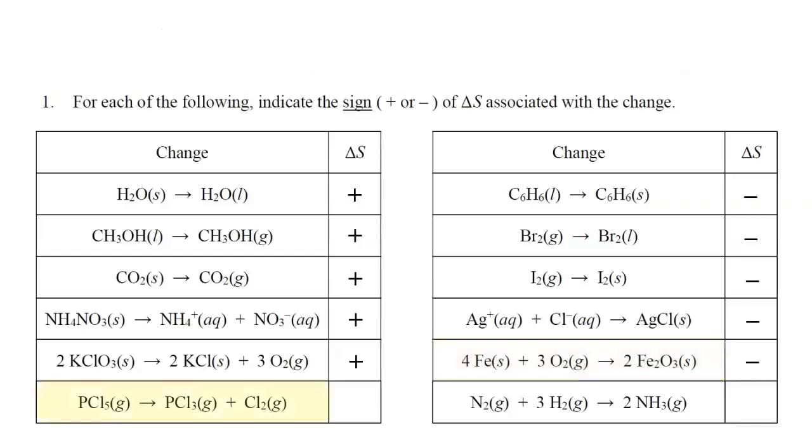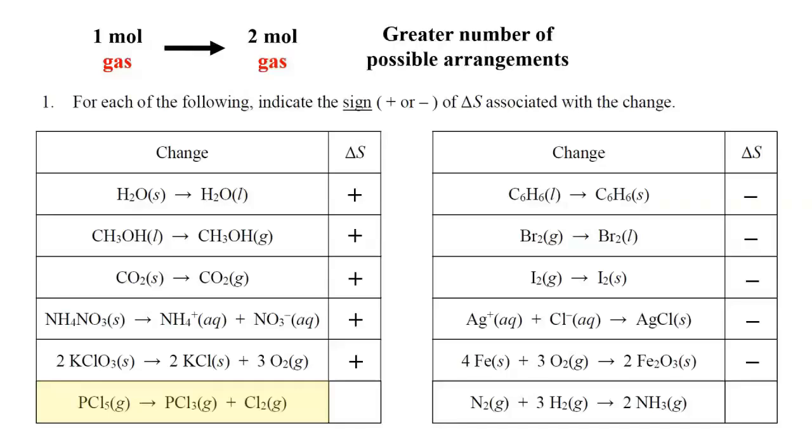So in this example, we start with 1 mole of gas for the reactants, and we end with 2 moles of gas for the products. So as a result of this change, there should be a greater number of possible arrangements because of the increase in the total number of moles of gaseous particles. This would result in an increase in the entropy of the system and a positive delta S.